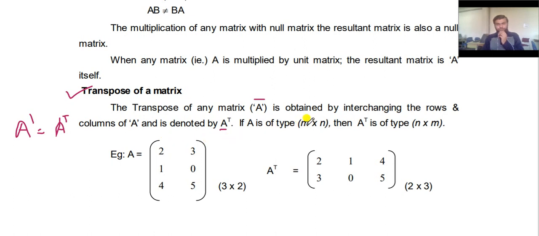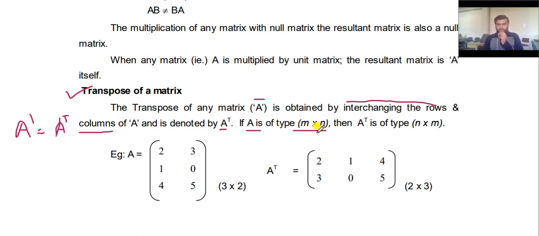What we do in transposing a matrix is we interchange the rows and columns, meaning columns are converted into rows and rows are converted into columns. Suppose a matrix A has order m into n.